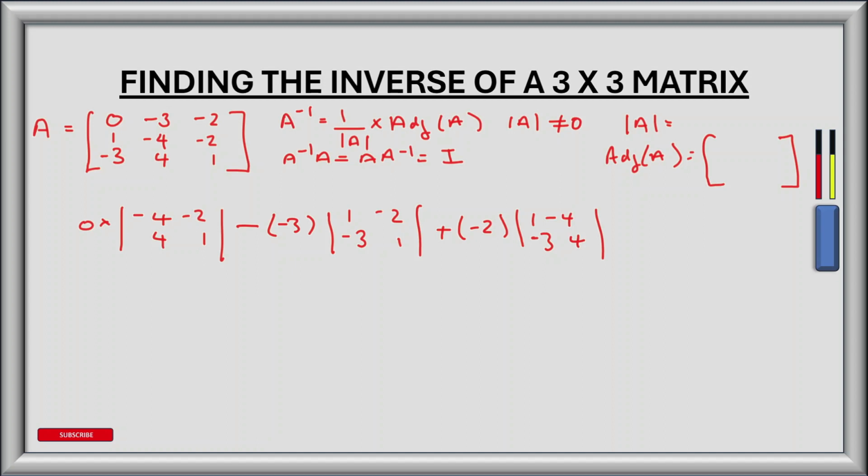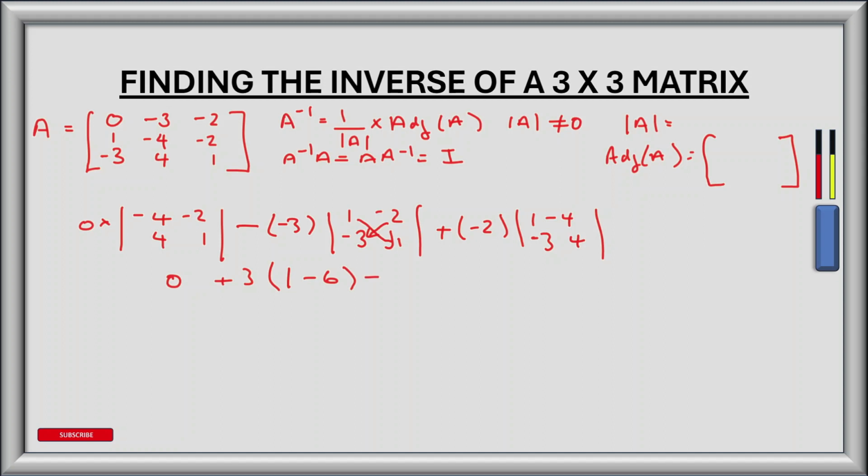So for the first determinant, it's 0 because it's multiplied by 0. Then we have a minus 3 times a minus 3, so it's a plus 3 multiplied by the determinant of this matrix here, so this 2 by 2. The determinant is 1 times 1 minus 3 times minus 2. This 1 times 1 is 1, minus, and then minus 3 times minus 2 is 6.